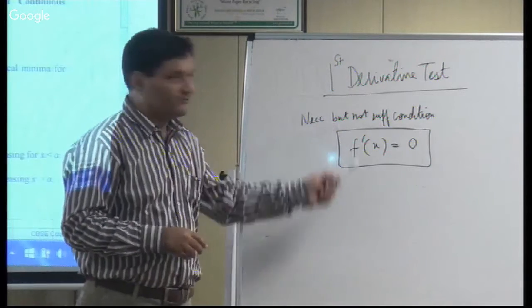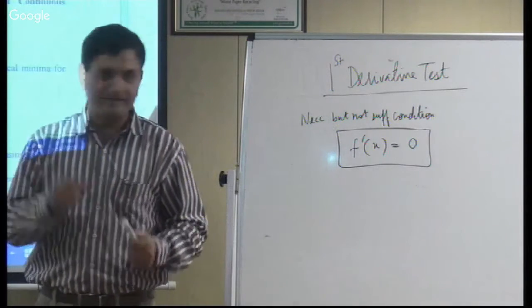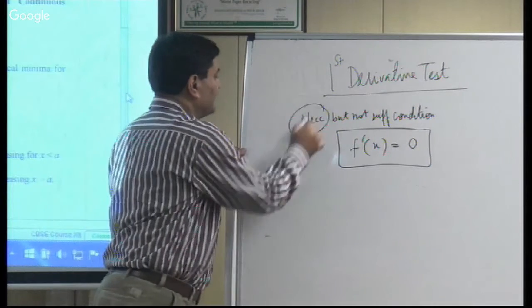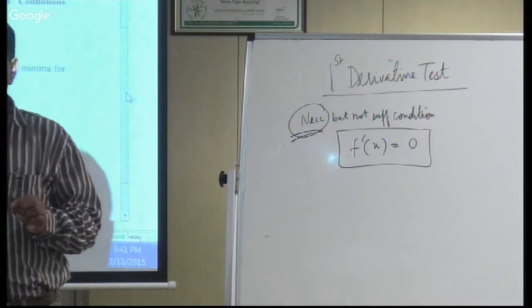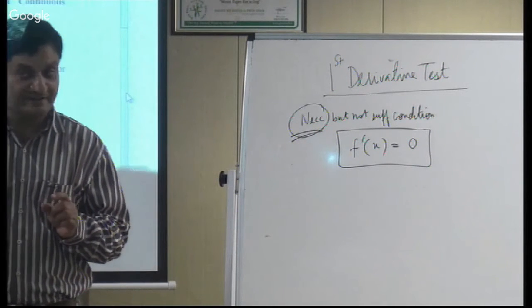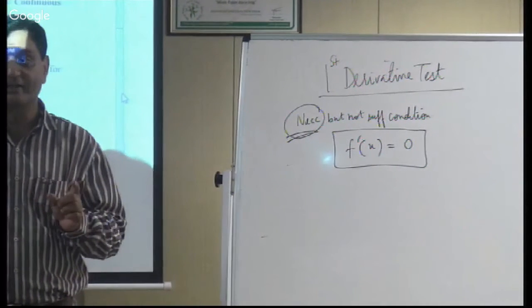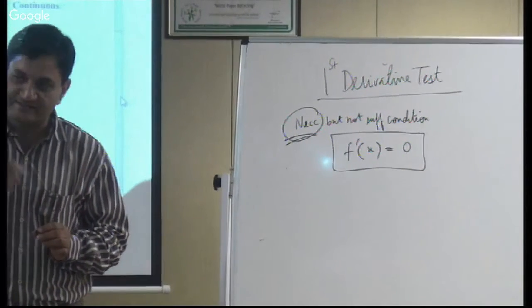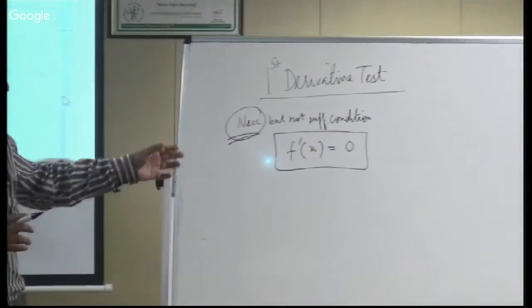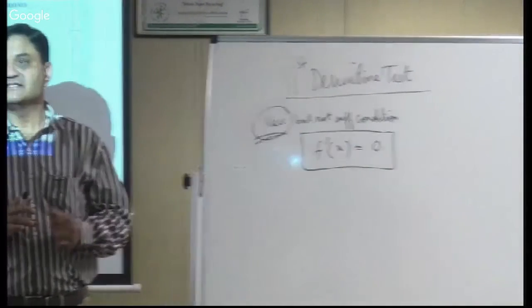So for every point, necessary means what? Necessary means at every point of local maxima minima, if the derivative exists, it cannot be any other value. If it is existing, it has to be 0. This is a necessary condition. But what do you mean by the condition is not sufficient?